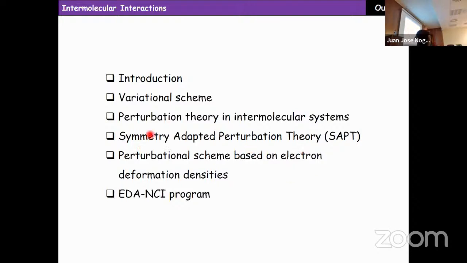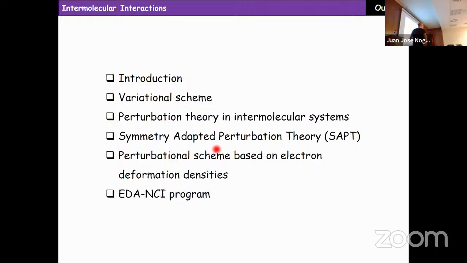Okay, and then I will introduce you to this perturbational scheme, which is based on electron deformation density, which is a scheme we have developed in Vigo. Okay, it's a perturbational scheme because we split the interaction energy in different components using second order perturbation theory.